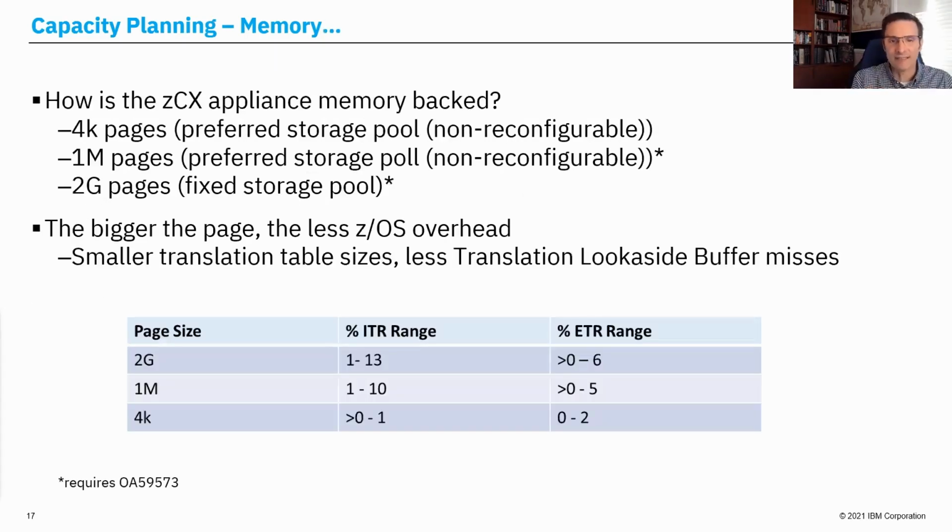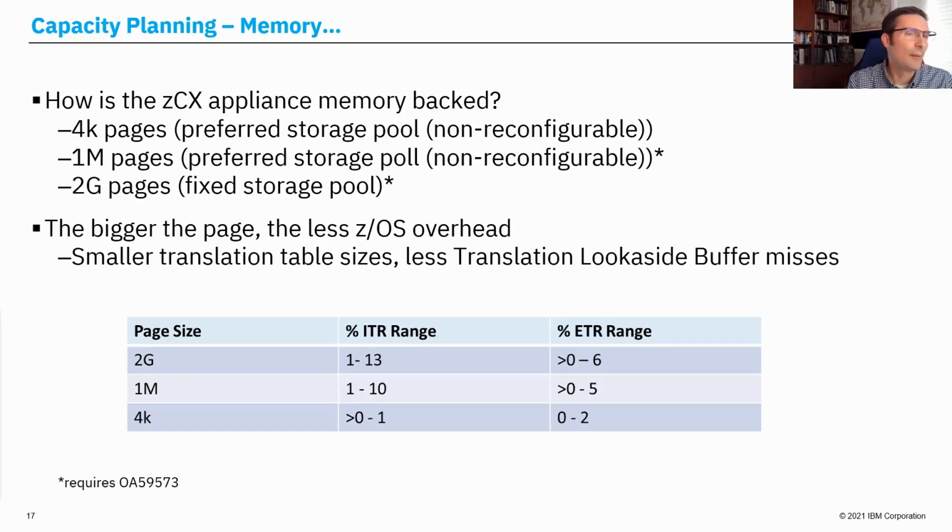Now, another thing to consider is how is this memory backed? All memory is backed by pages in virtual storage, correct? And so when we're talking about this backing of memory, we have 4K pages, 1 meg pages, and 2 gig pages that are all available as of the APAR that's listed on the bottom left of your screen. So now you're able to back these with much larger pages.